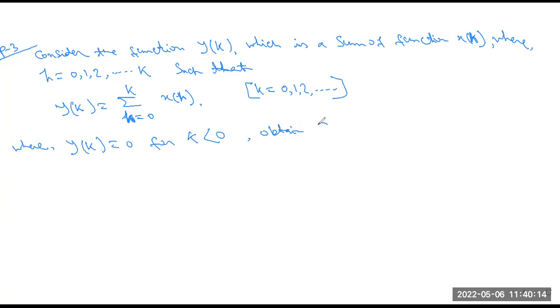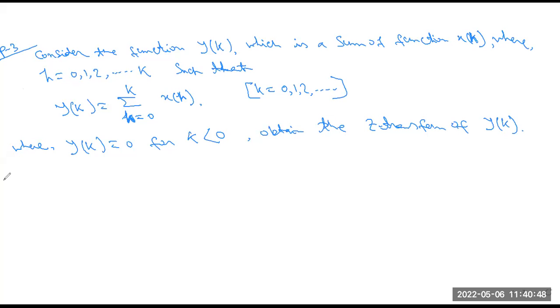The question is to obtain the Z transform of y of k. So this question will be given to you: the condition is given, the value of h is 0 to k, and the function is y of k equal to the sum of x of h. Under this condition, you will have to find the Z transform of y.